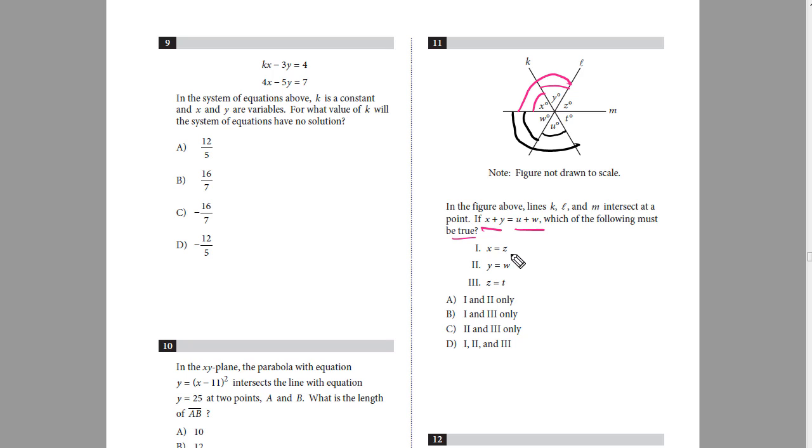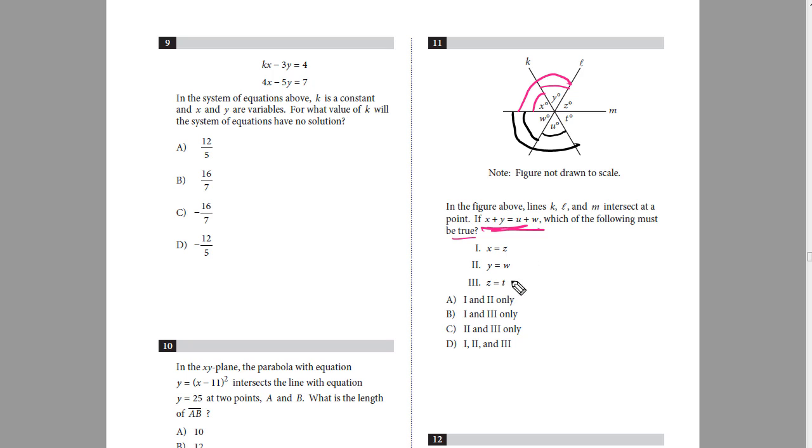Now x is equal to z. First of all, in this example you can see y and u will be equal always, because they are vertically opposite angles. In order for this equation to be correct, x and w should be equal.